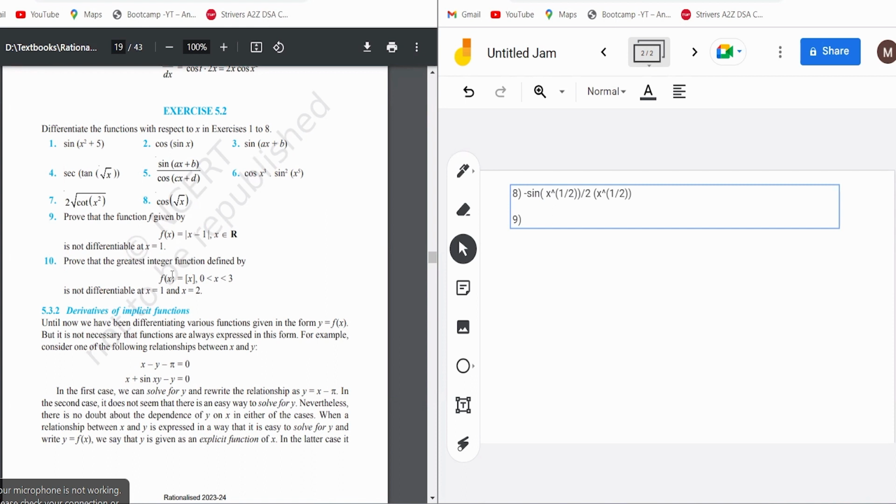So let's see. Function f(x) is given to us. So what we have given f(x) to be equal to mod of x minus 1. Okay. So this is our f(x) and we have to prove that this function is not differentiable at x equal to 1.